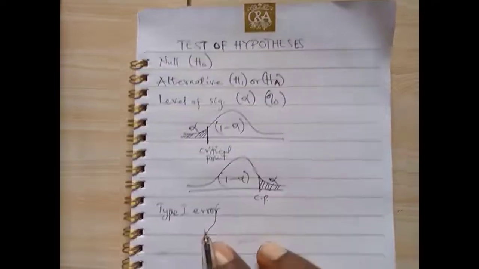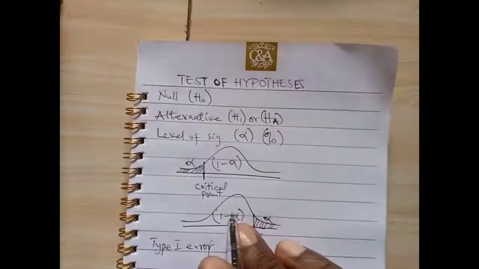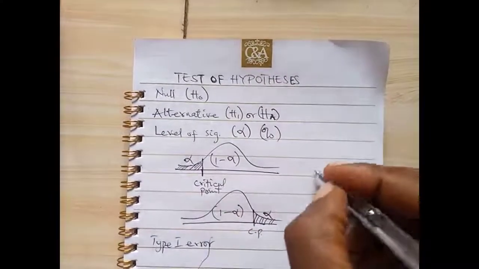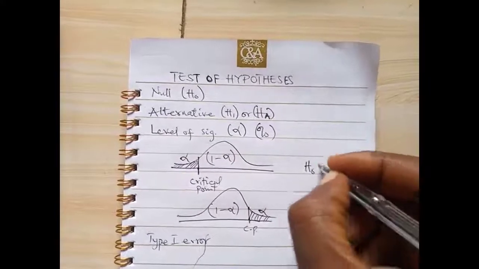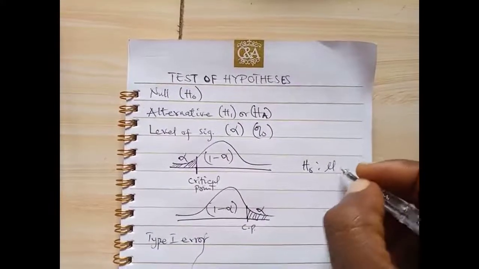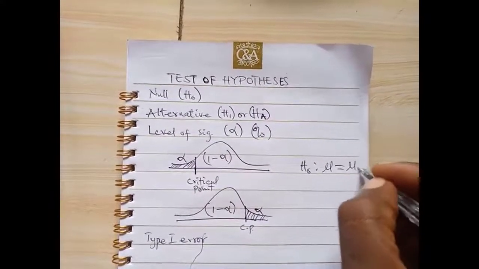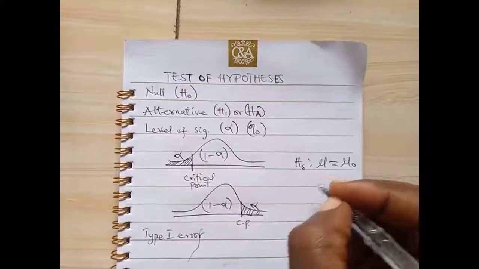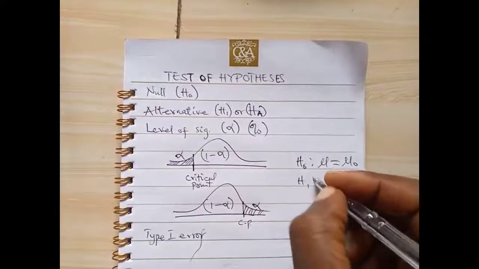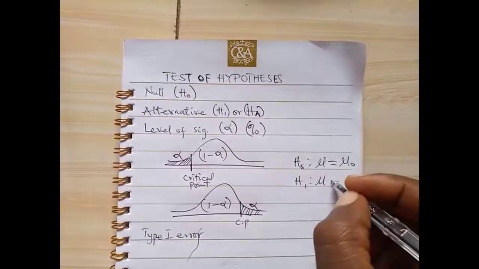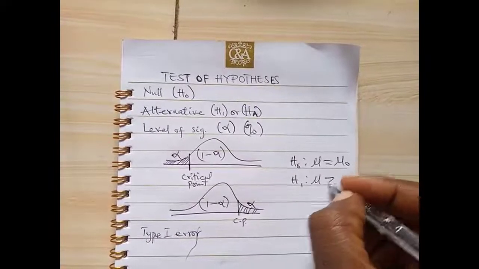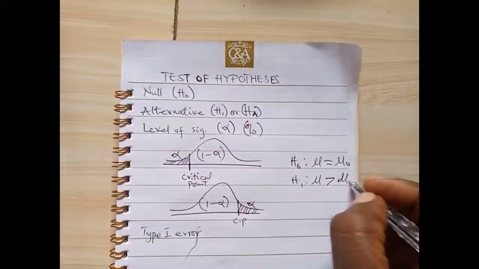How do we now know when it is a one tail test or when it is a two tail test? When it is a one tail test, H0 says that the population mean is equal to mu naught, and H1 will say that the population mean mu is less than mu naught.